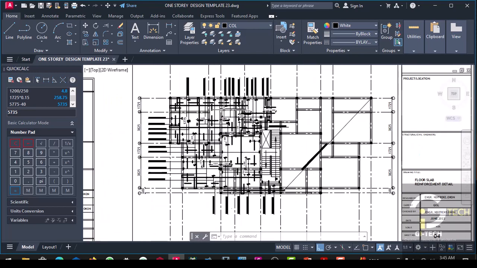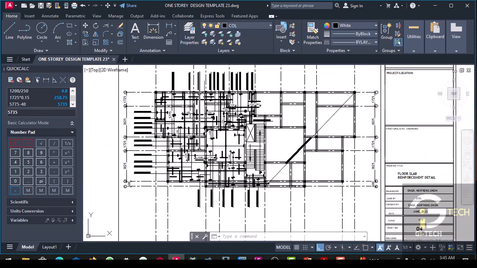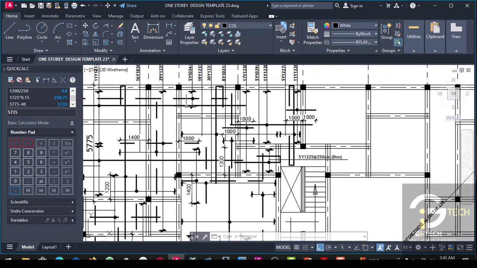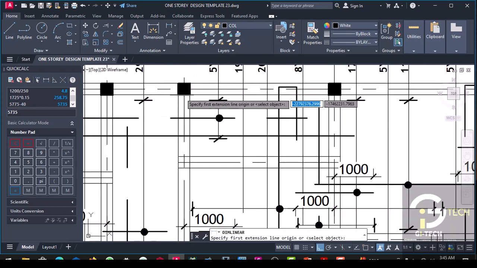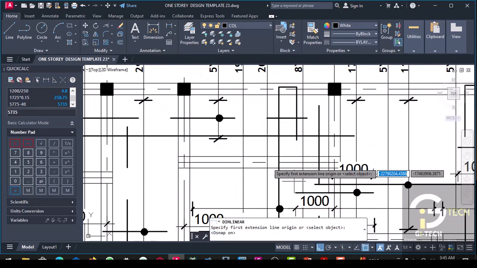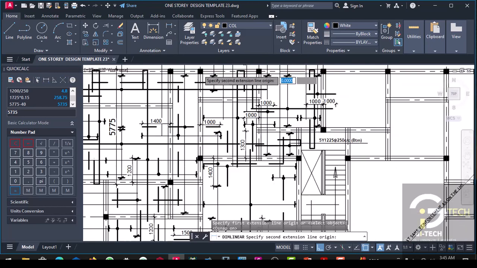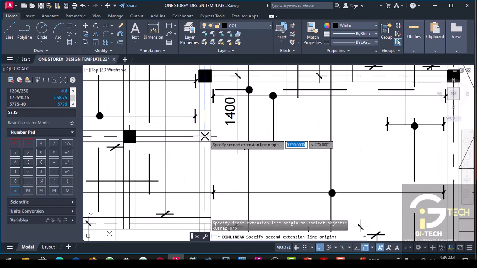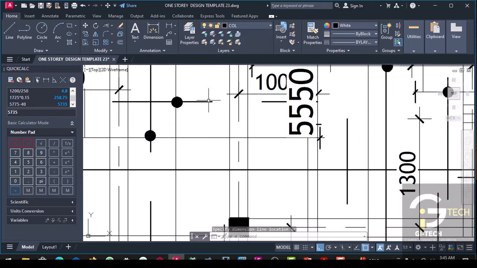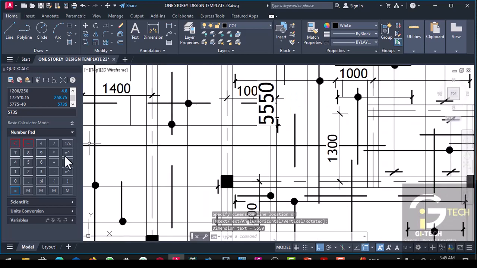And when you also do this for this other span, for instance, let's look at this one here, so that we know exactly what we are doing. You see this one from here to here is about 5550. So 5550 times 0.15, we have 832.